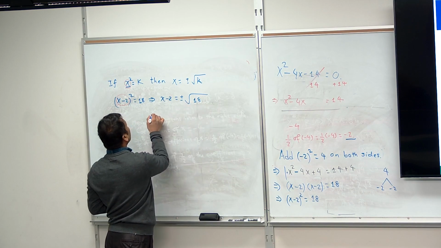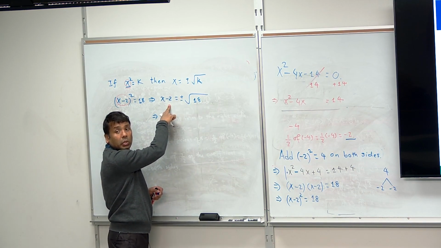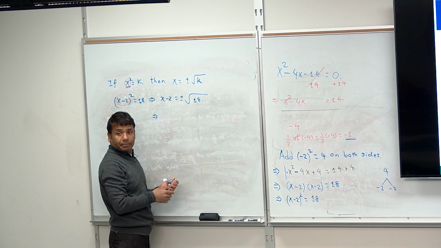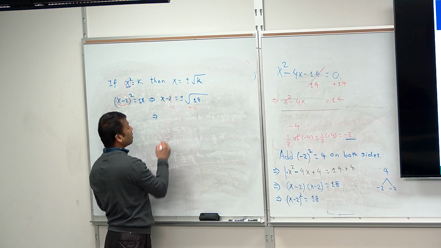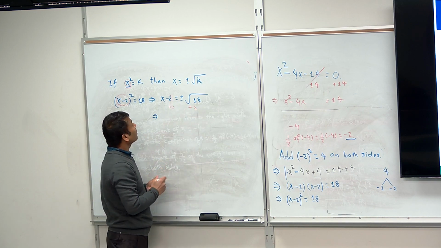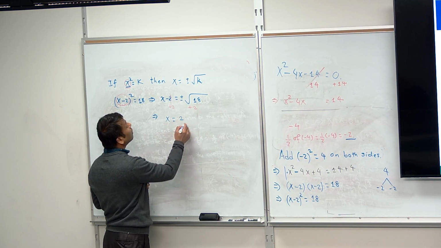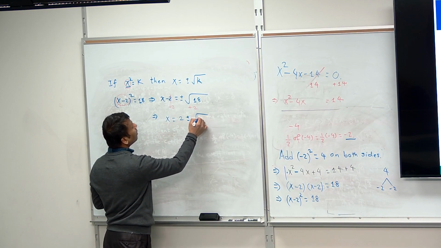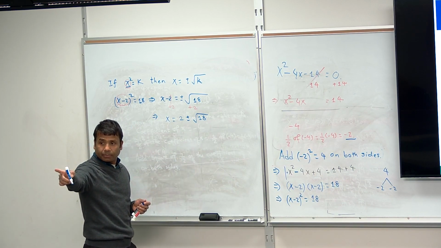So now, how do you solve this? You add 2 on both sides, you cross them out. So x equal to 2 plus or minus radical 18. Make sense?